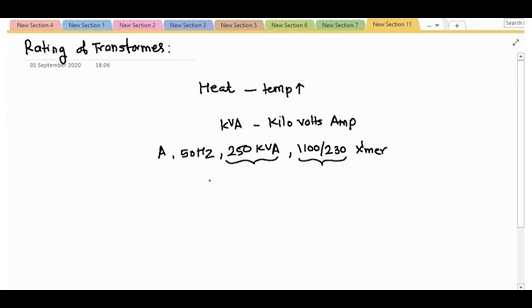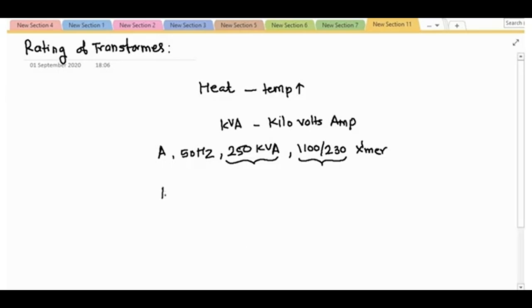At rated full load, this transformer would be delivering safely 250 kVA at 230 volt, 50 Hertz. What is the lowest rating here? 230 volt. So this transformer is capable of delivering 250 kVA at a 230 volt, 50 Hertz supply.